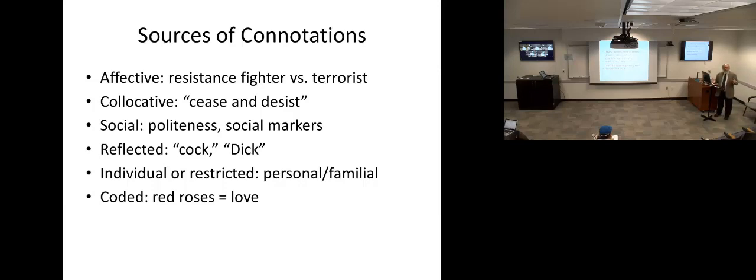Then you have individual connotations or restricted connotations. Right? These are things where the meaning evokes something, but just for you or just for your family. Okay, and I can give you an example of this, and this is an Antardo family story. Actually, it's on my mother's side, so I should say it's a Spinois family story, but regardless.